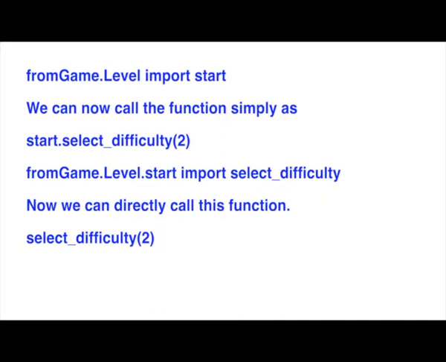Yet another way of importing just the required function or class or variable from a module within a package would be as follows: from game.level.start import select_difficulty. Now, we can directly call this function select_difficulty without using any class name or package name.